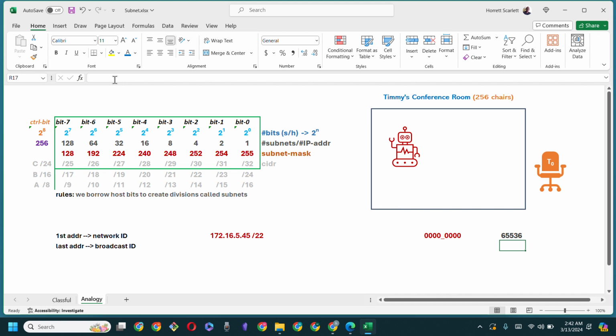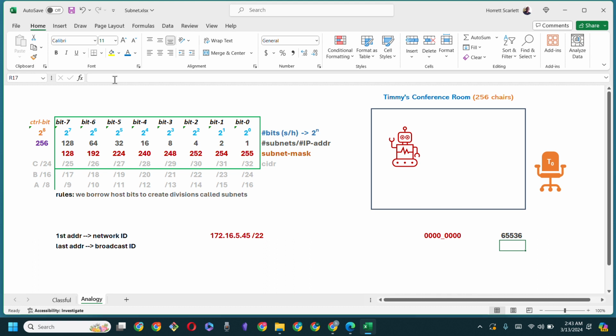Incidentally, for Class B, by default, the number of host bits and the number of network bits are the same, because we are working with 4 octets. Each octet has 8 bits, so 8 times 4 is 32. If we allocate 16 to the network, then 16 are left to be allocated to the host. So in terms of the networks, we have 65,536 networks, and for each of these networks, we have 65,536 IP addresses which can be allocated to hosts.